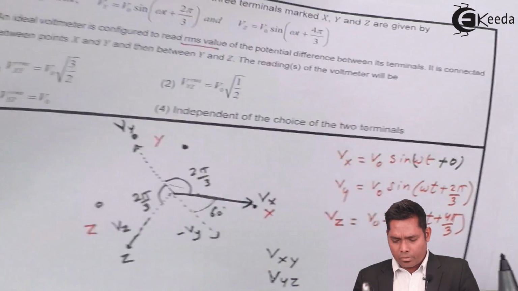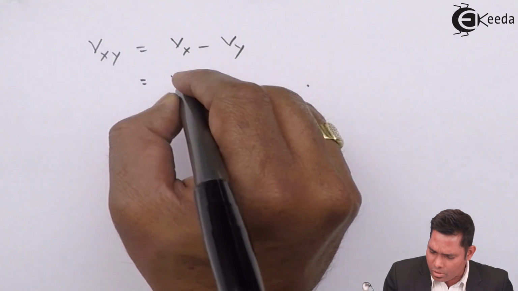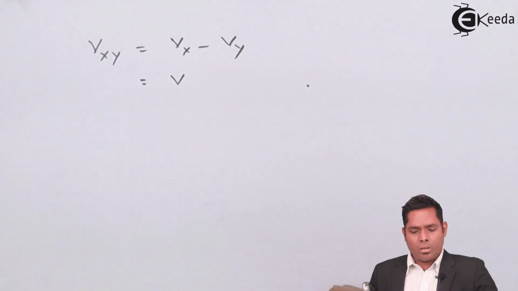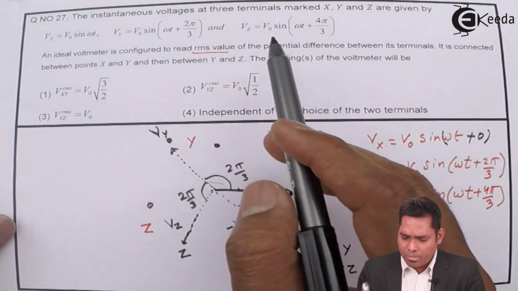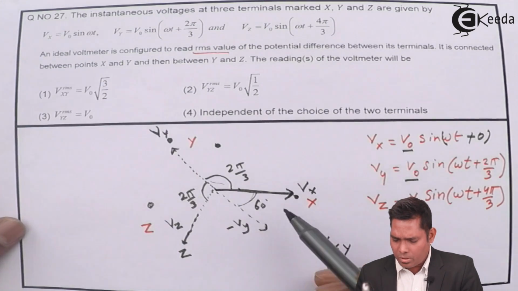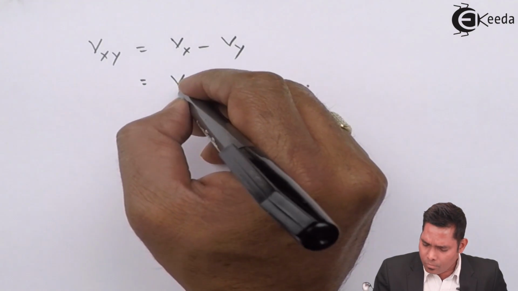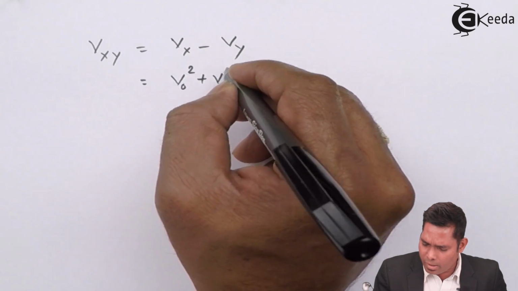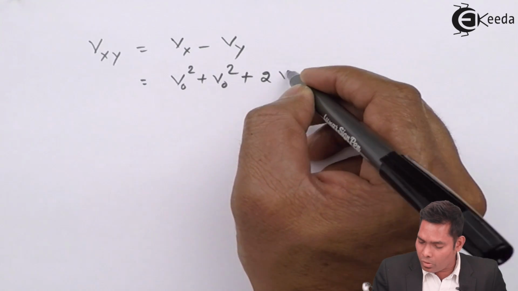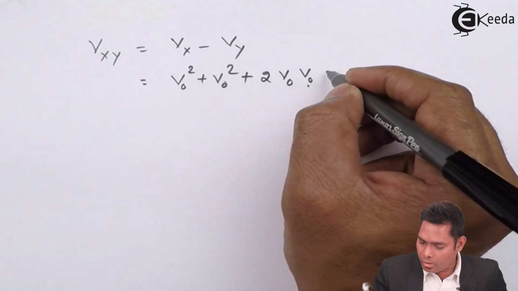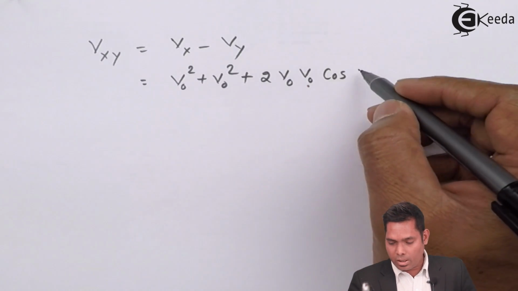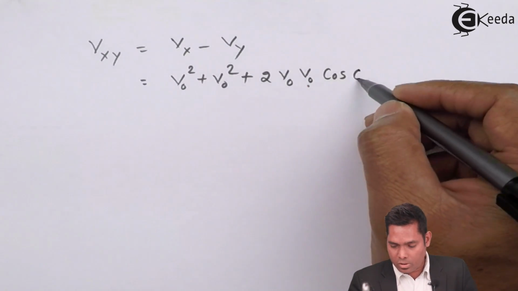So this is how we can solve. Here I can write that this is Vx, and the maximum value of all these three is V0. So the resultant is the square root of V0 square plus V0 square plus 2 V0 V0 cos 60 degree, because that angle comes out to be 60.